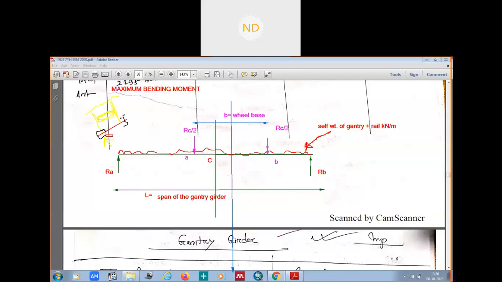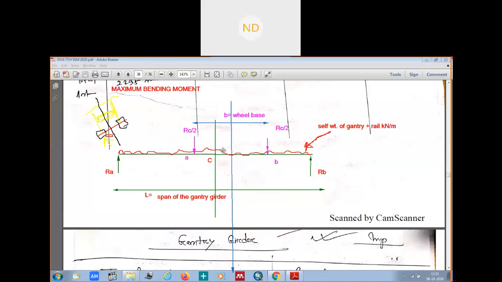Here is the other wheel. And here this is the center of your wheelbase. These two are the wheels of the crane girder, and this is the center of the wheelbase, and this green one is the center of the gantry girder.